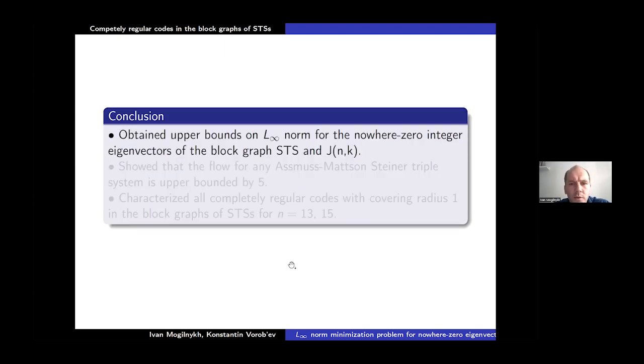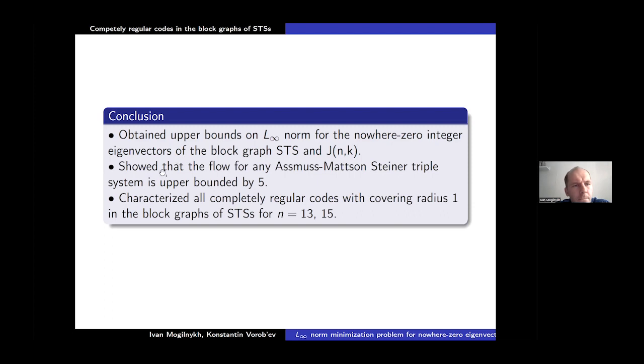Okay, I give some conclusions. We studied the infinity norm for nowhere-zero integer eigenvectors of the block graph of Steiner triple systems and the Johnson graph. We showed that the flow, or the infinity norm for nowhere-zero integer second eigenvectors, for Asmus-Madsen Steiner triple systems is upper bounded by 5 when the order is at least 99.